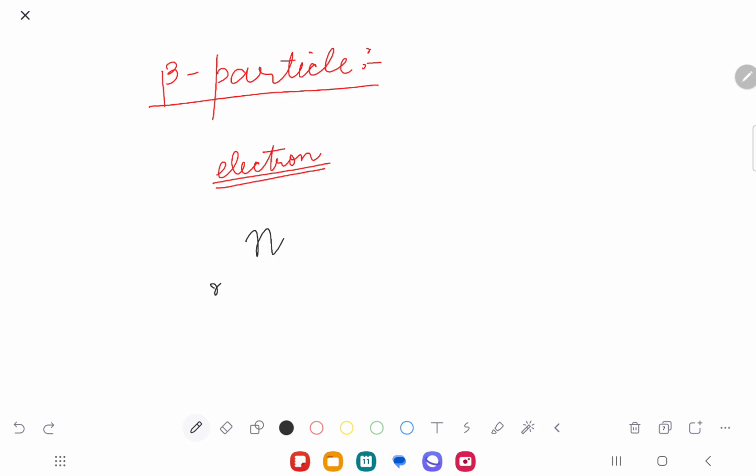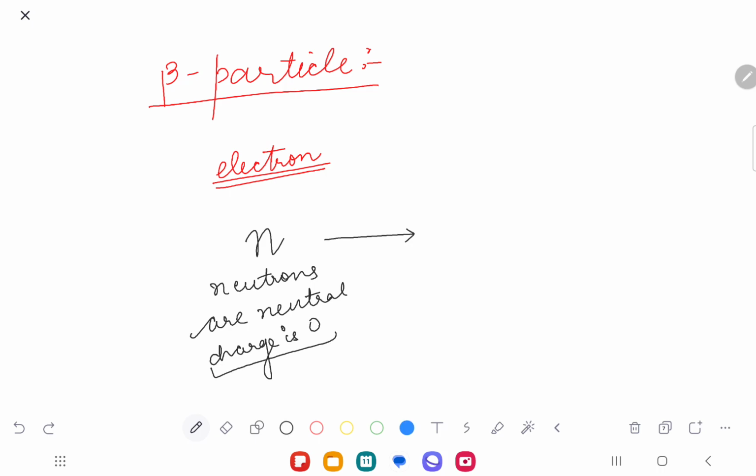We know that neutrons are neutral. Neutral means that its charge is zero. When something is neutral, it does not carry any charge. But how does it become zero charge?